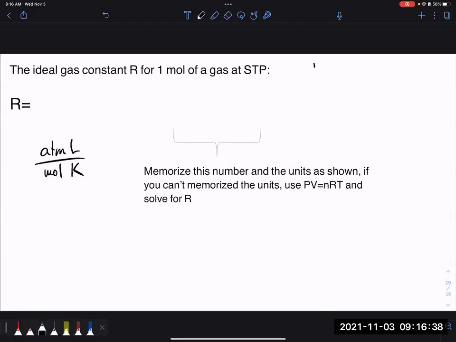So STP, our temperature is going to be 273.15 Kelvin. Pressure is going to be 1 atmosphere. And n is going to be 1 mole. And 1 mole of gas, this is the key, at STP has a volume of 22.4 liters.